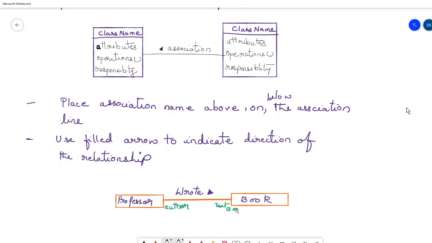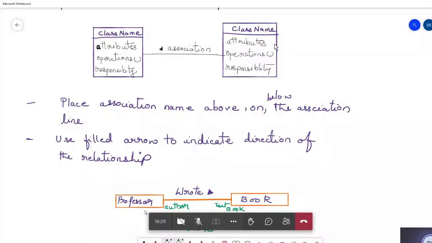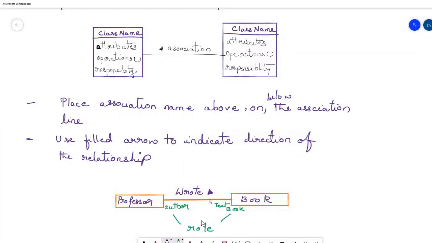So these are the roles which we have written. Author is a role of this professor, and this book is a textbook which is specifically related to a subject. So thus we represent association, that is a static relation between two classes.